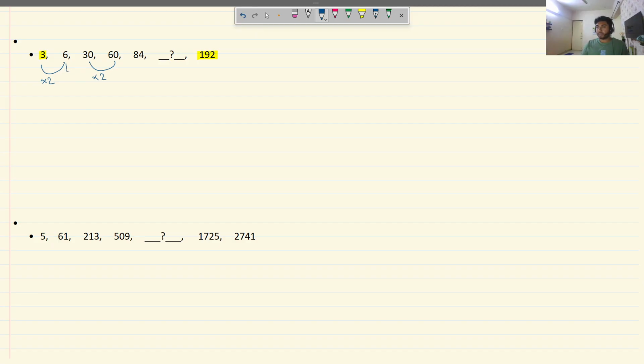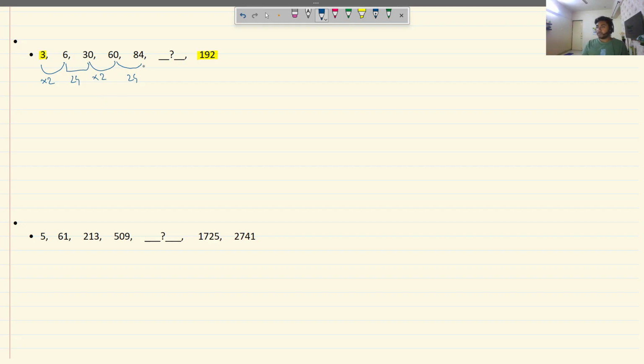So here 6 into 5 is an option, but again I cannot multiply anything to go to 84. Let's see the difference. The difference is 24. Okay, here the difference is also 24. So alternately it's getting multiplied by 2 and a difference of 24. That's how the series is going.